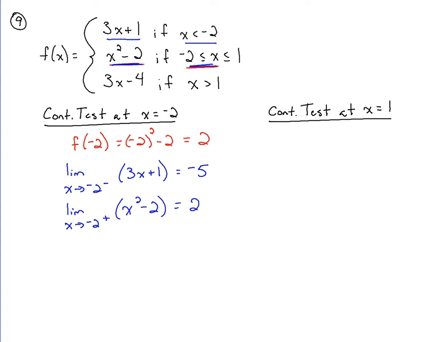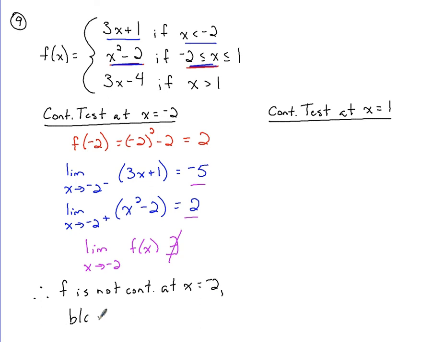So the left-hand limit does not match the right-hand limit, meaning the limit as x approaches negative 2 applied to this function does not exist. And when the limit does not exist, we can draw the conclusion that the function is not continuous at x equals negative 2 because that limit does not exist.